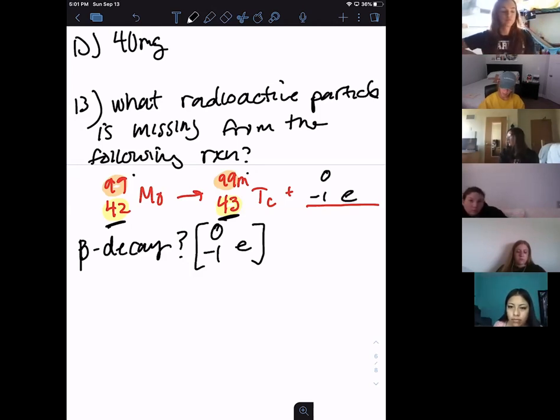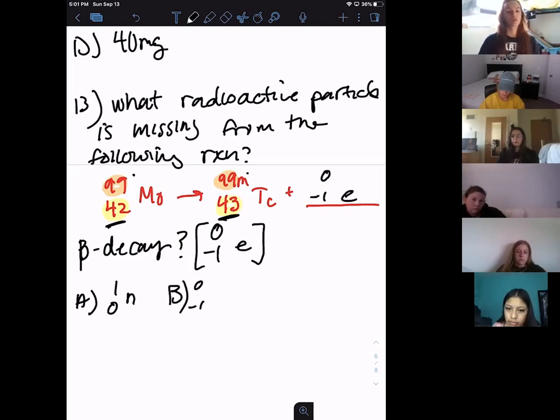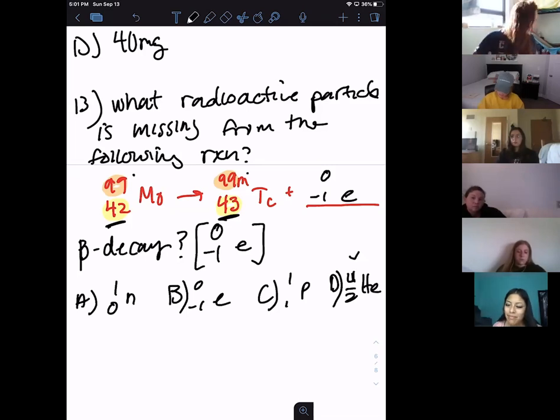Okay, so the options were 1 over 0 n, 0 over negative 1 e, 1 over 1 p, that doesn't even make any sense. But then my favorite is 4 over 2 He. Okay, what is this? Alpha. Exactly.